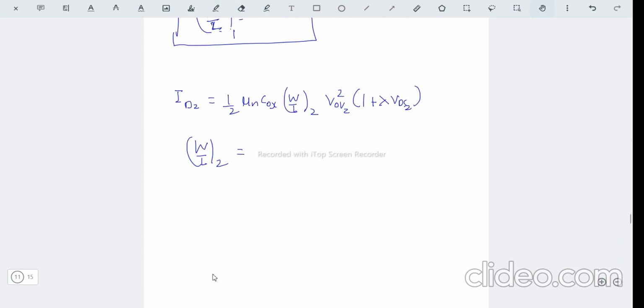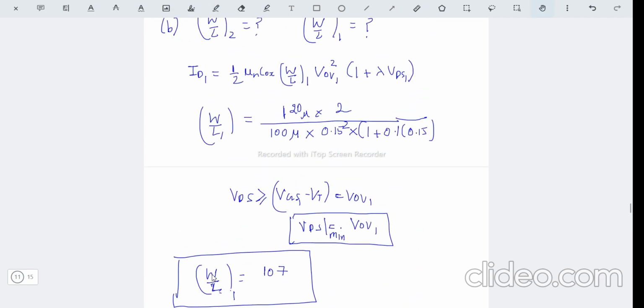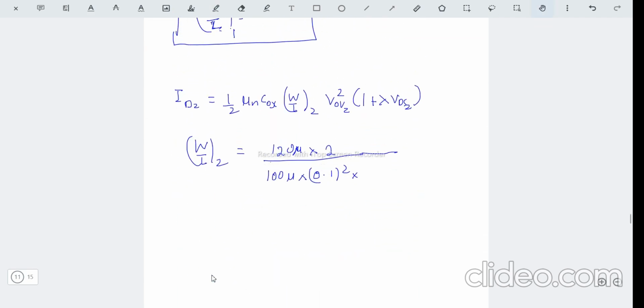So 120 micro into 2 divided by mu n Cox, 100 micro, and VOV2 of 0.1 squared, and 1 plus lambda VDS2, where lambda is 0.1 and VDS2 is the minimum voltage required to keep the MOSFET in saturation, VGS2 minus VT, which is the overdrive voltage itself.